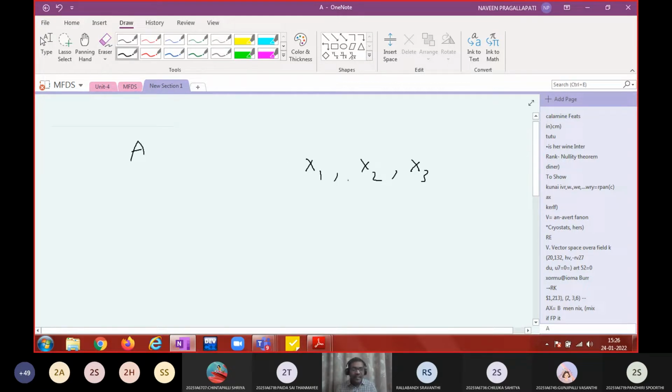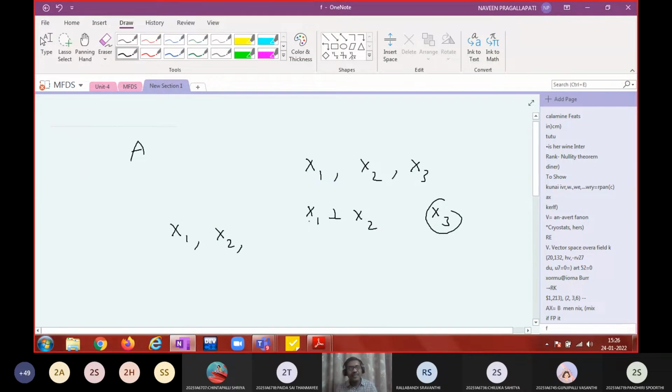So you identify which two vectors are orthogonal. Let us say x1 is perpendicular to x2 and x3 is not at all perpendicular. So you take x1 and x2 which are perpendicular. How do you find the third perpendicular vector?